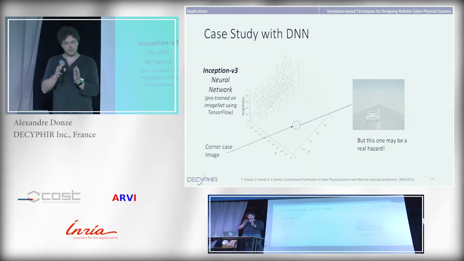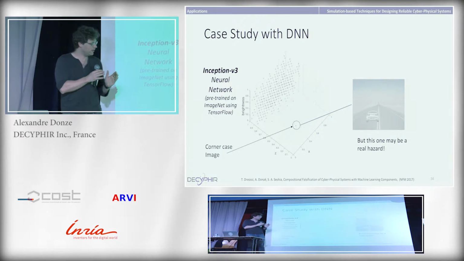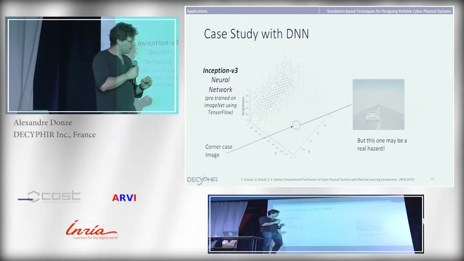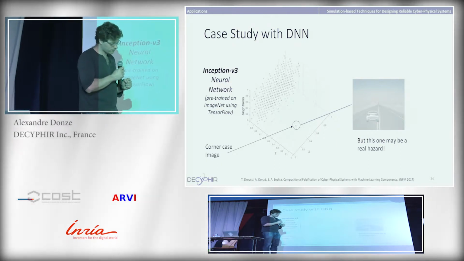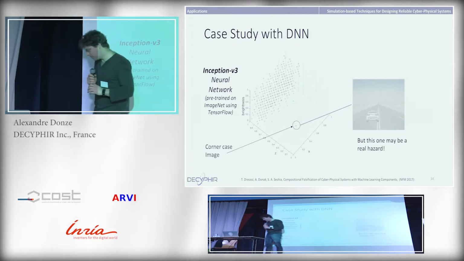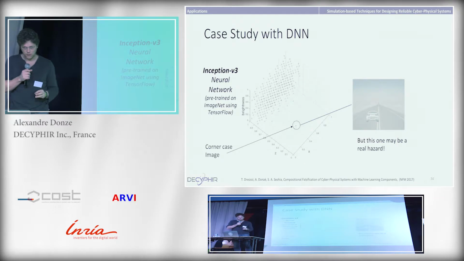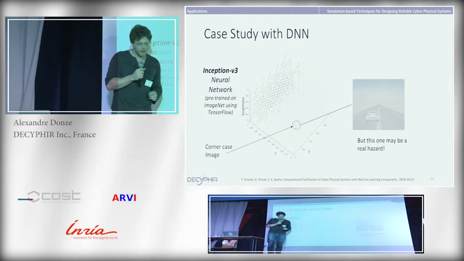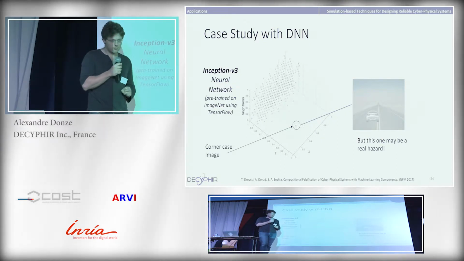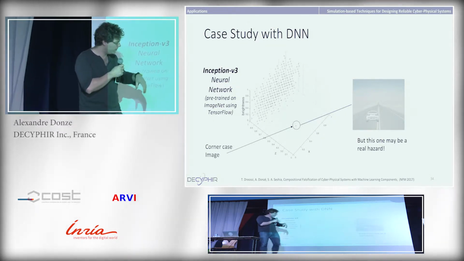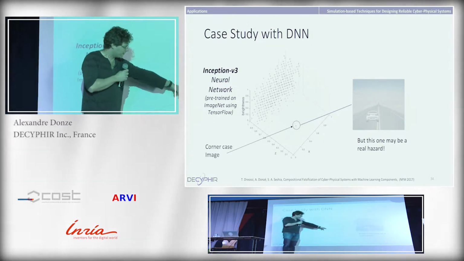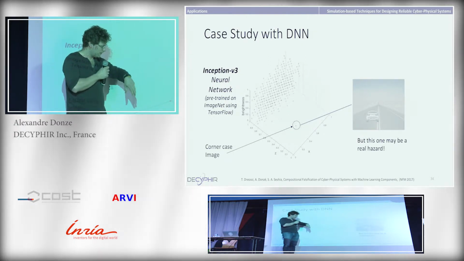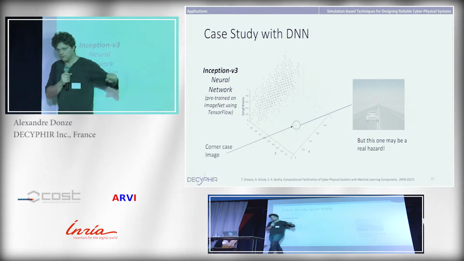On an image by image basis, it's a well-known problem. And of course, there is a lot of work around trying to robustify this classification problem, so that if your classification is correct and you make a small variation on it, then it remains correct.